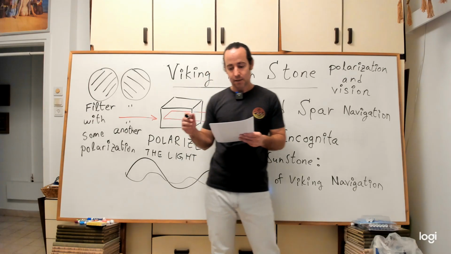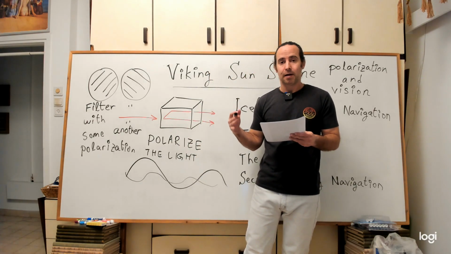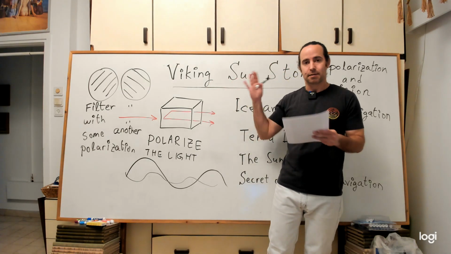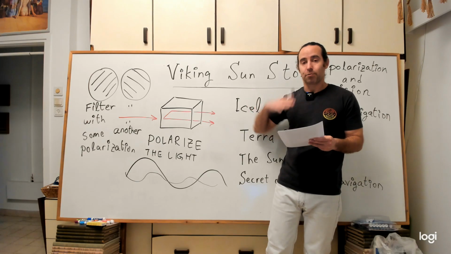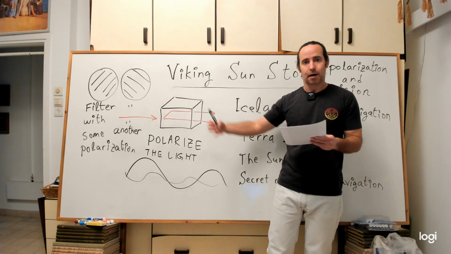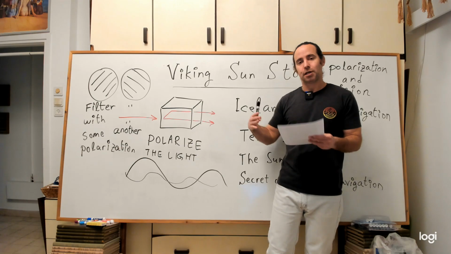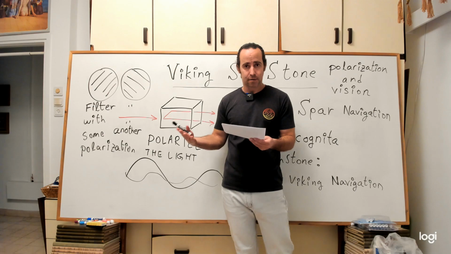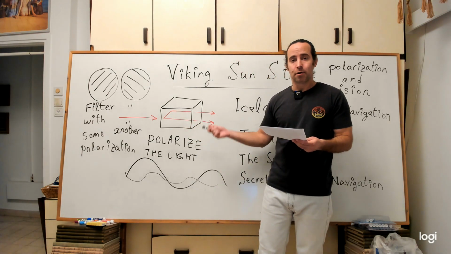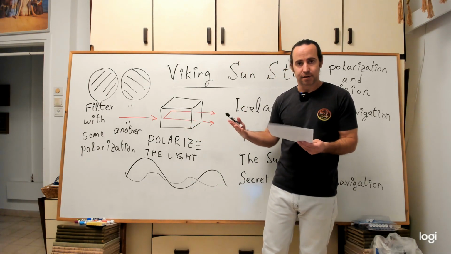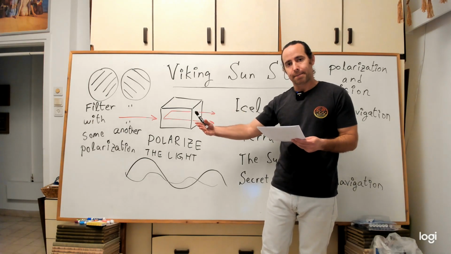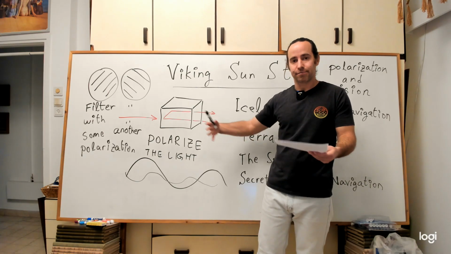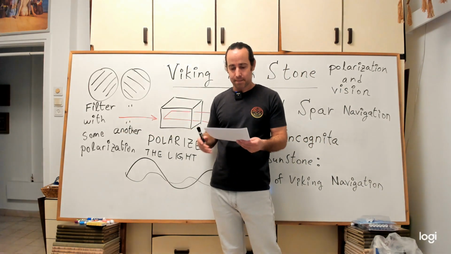So the creature can, in principle, see, like the Vikings saw, recognize the sun through the clouds, through the cloudy sky. So the creature recognizes the minerals that it needs, like sulfur or whatever it needs, through the obstacles, through the minerals that are in front of him, and he wants to see past them.